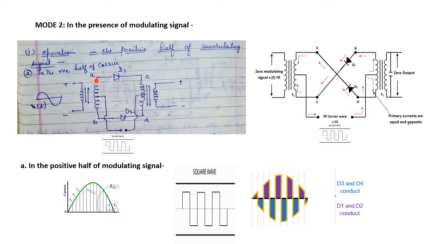Therefore the voltage which is present at the point A will be directly transferred to the point C.